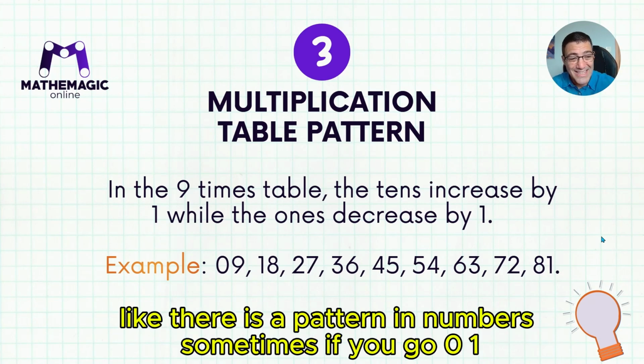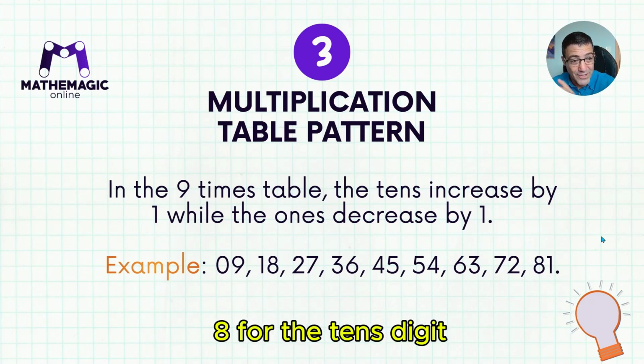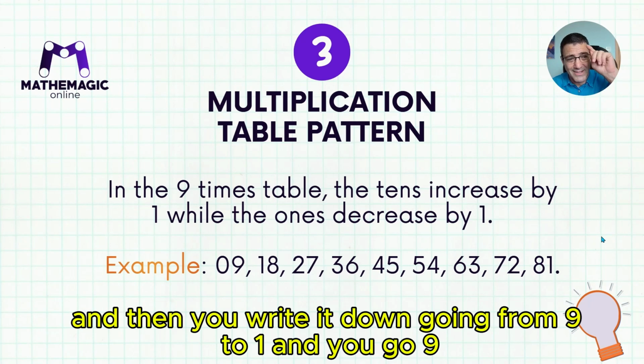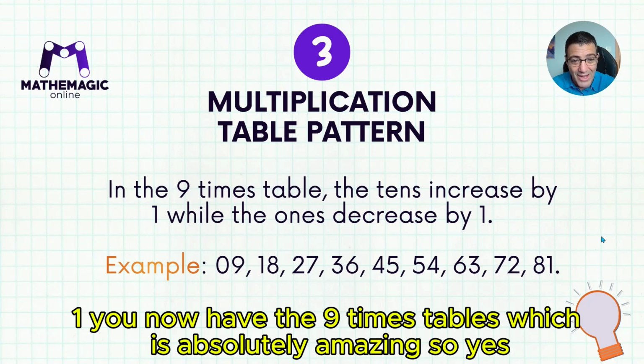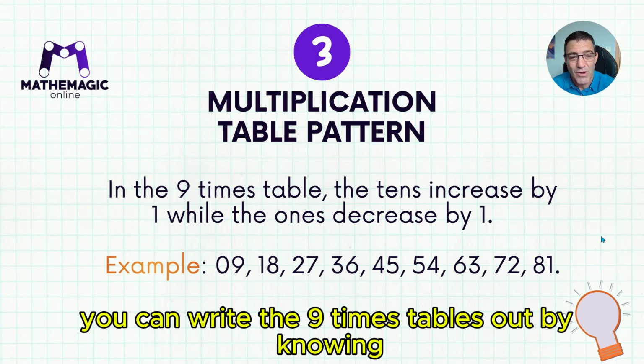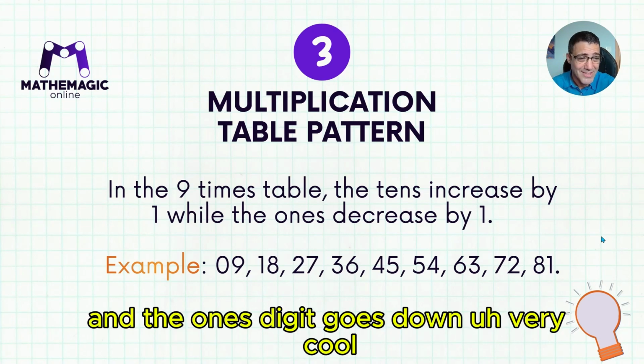If you go 0, 1, 2, 3, 4, 5, 6, 7, 8 for the tens digit, and then you write it down, going from 9 to 1, and you go 9, 8, 7, 6, 5, 4, 3, 2, 1, you now have the 9's times tables, which is absolutely amazing. So yes, you can write the 9's times tables out by knowing that the tens digit goes up and the ones digit goes down. Very cool.